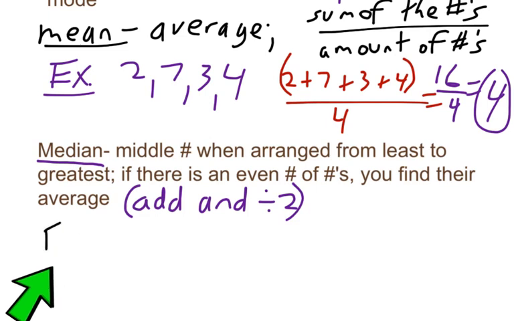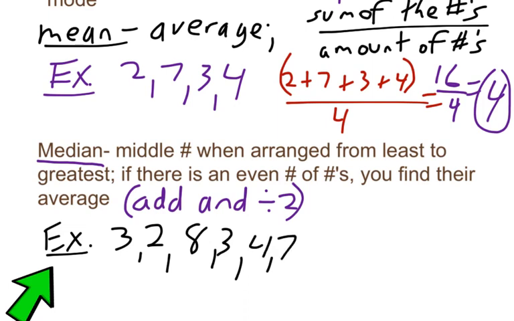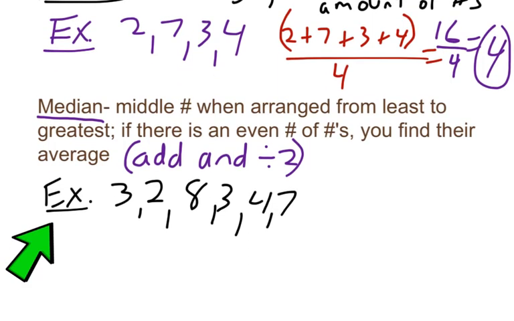So an example for median, if we wanted to find the median of this set of numbers, 3, 2, 8, 3, 4, and 7, the first thing we would do is set them in order from least to greatest. So I'm going to rewrite them, 2, 3, 3, and it helps when you're doing this if you just mark them off.